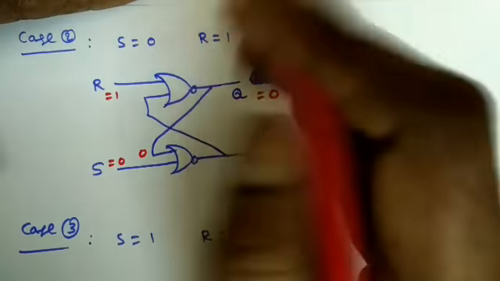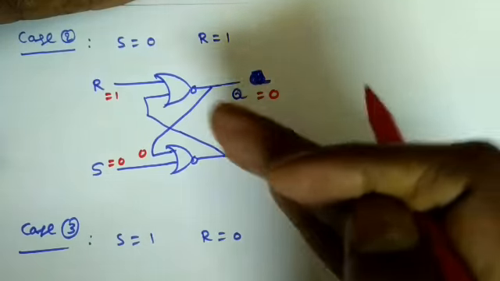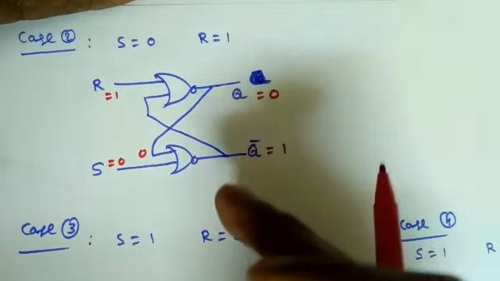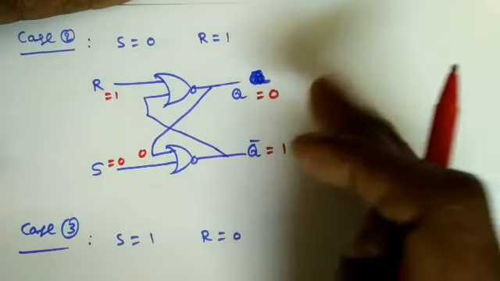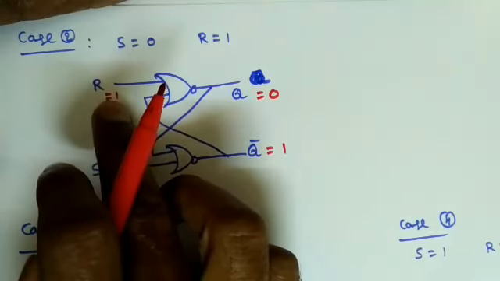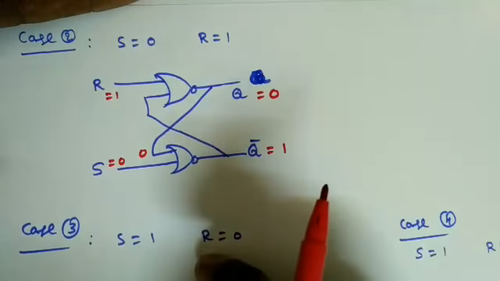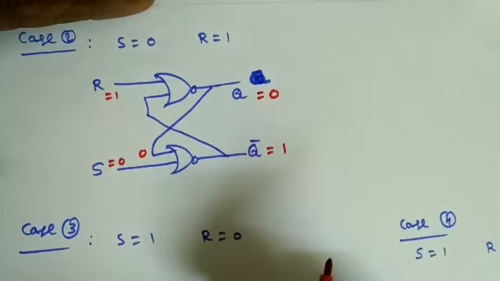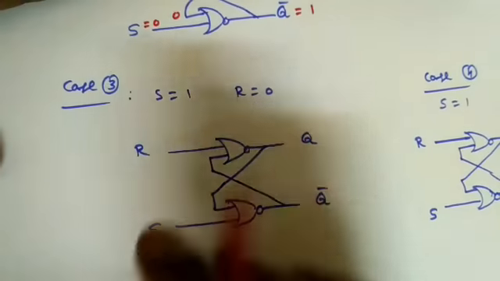What is this meaning? Reset value is high. So when reset is high, the output is becoming 0, and that means output is reset, right? Reset means it is like a 0. That is clear, right? So when the reset input pin is high, then Q will be in reset state, or we can say 0 state.